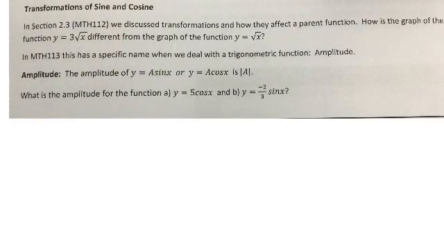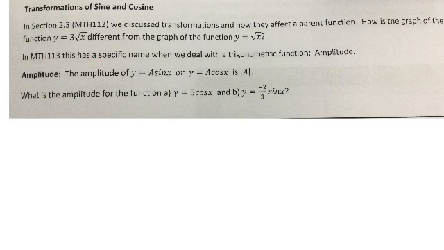In section 2.3, we discussed transformations and how they affect a parent function. So how is the graph of the function y equals 3 radical x different from the graph of the function y equals radical x? Well, that's what we talked about before. This is a stretch by 3 of the graph. So we're multiplying all the y values by 3.